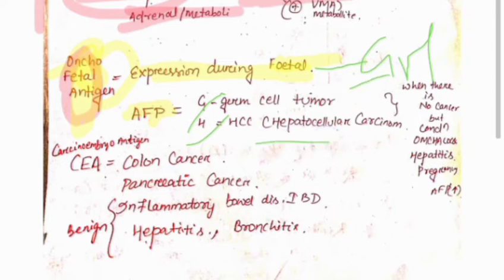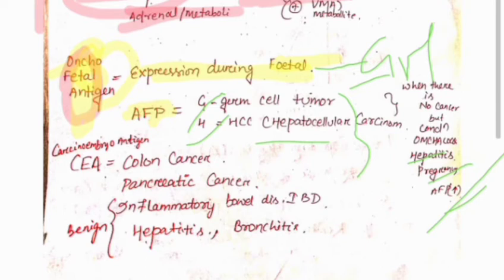So AFP is a tumor marker for germ cell tumor and hepatocellular carcinoma. AFP level increases in malignant cases, but also in pregnancy, a physiological condition, and in hepatitis. That is an additional point.